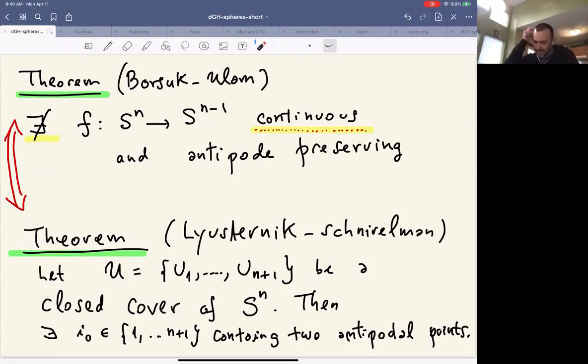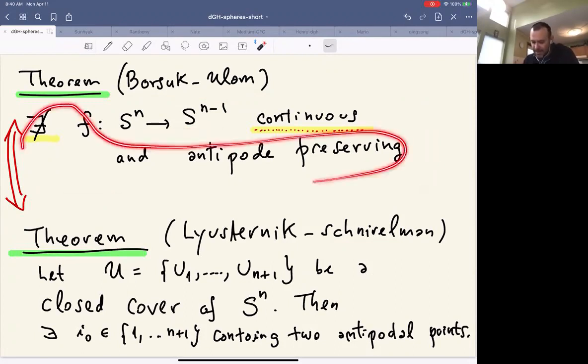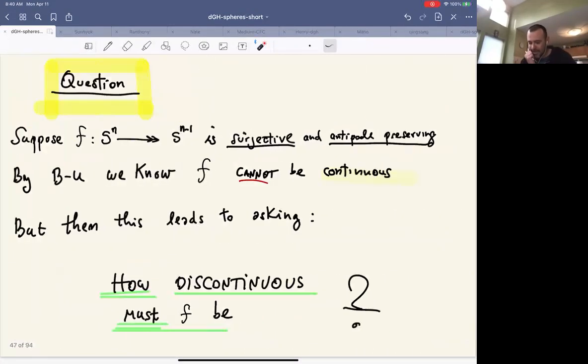But the key insight was, after staring at this for a long time, the right question seems to be: it might be true that I cannot find a continuous antipode preserving map like that, but suppose I do have a map like this, which is antipode preserving from Sn to Sn-1. Then the question is, how discontinuous must that map be?